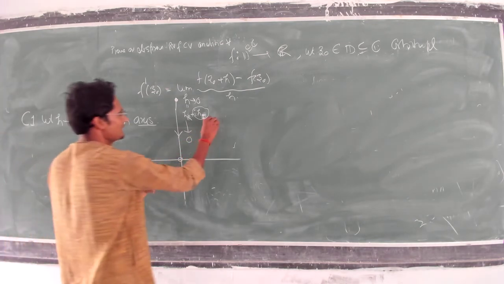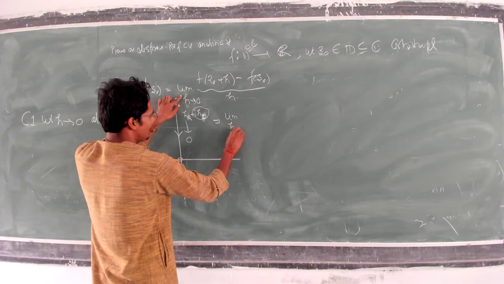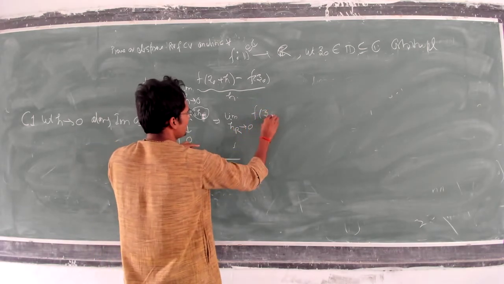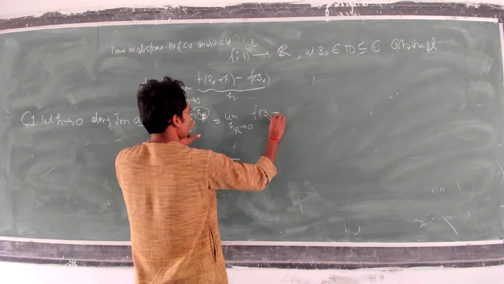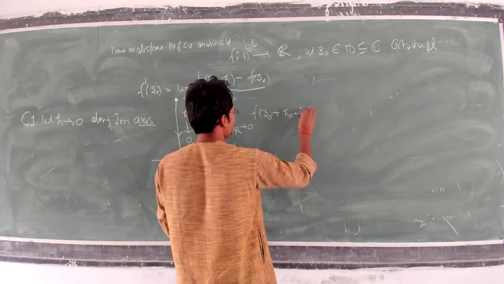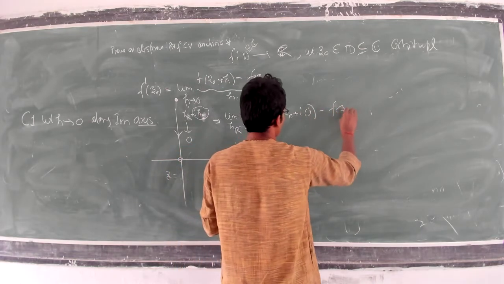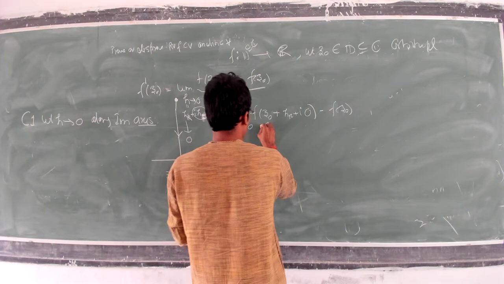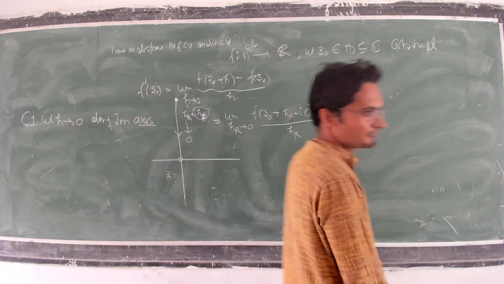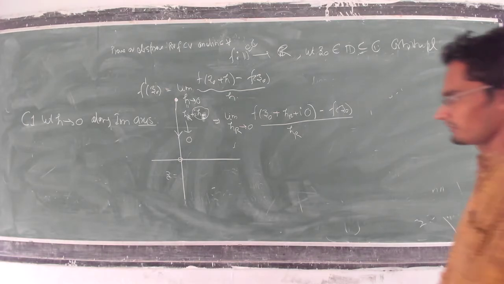Then this implies the limit as hR tends to 0 of f of z naught plus hR plus iota times 0, minus f of z naught, over hR. Is it fine to everyone?